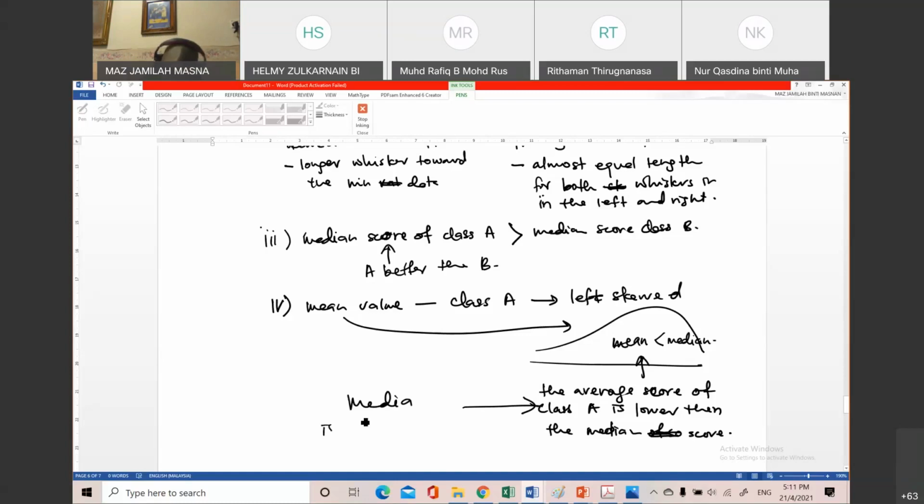Why? No, because the distribution is skewed. Median, yes, it is in the middle, but for this particular question, the correct reason is because the distribution is skewed. Whenever it is skewed, between mean, mode, and median, always median is the best measure of central tendency for skewed data.